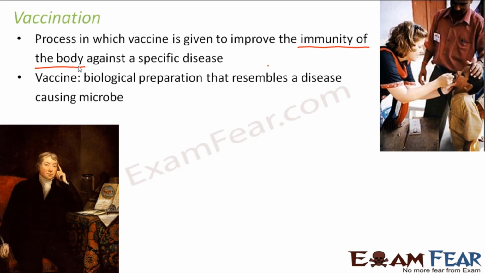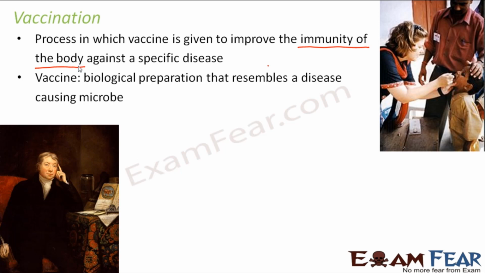So what was that cowpox vaccine? It was a sample of the microbe which causes cowpox. Now cowpox is also caused by a microbe. So a sample of that microbe, maybe a very weak microbe or a dead microbe, but a similar microbe to the one which causes cowpox, is injected inside the body of that cowboy.